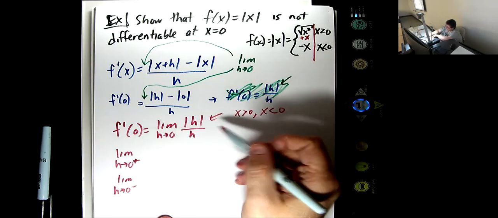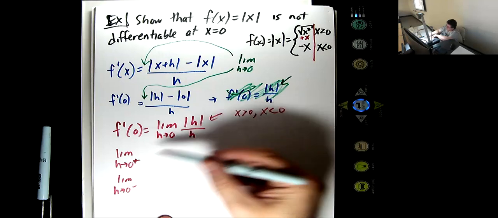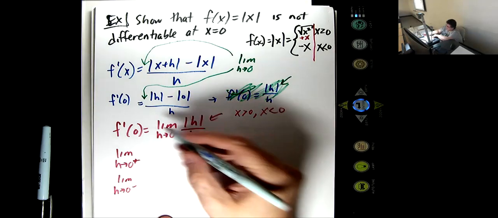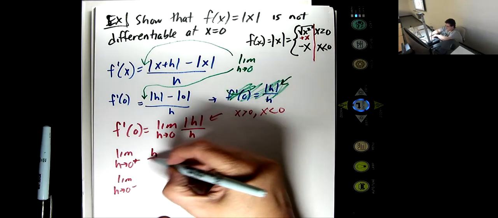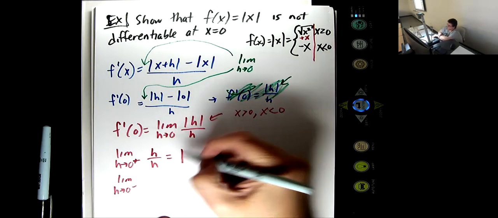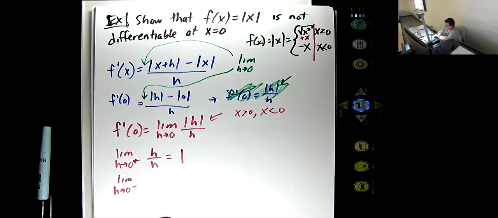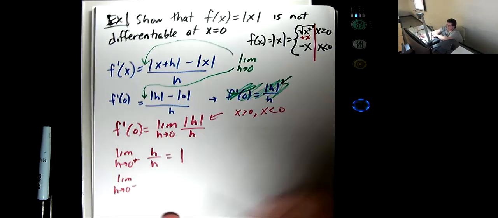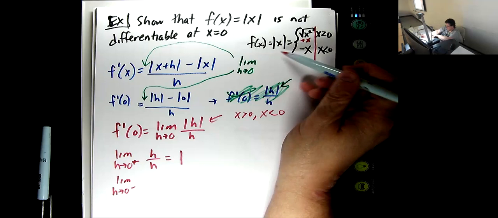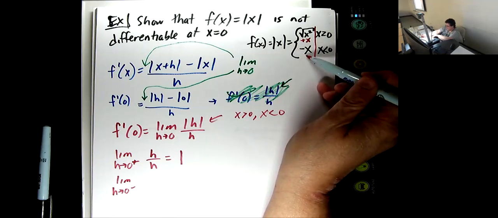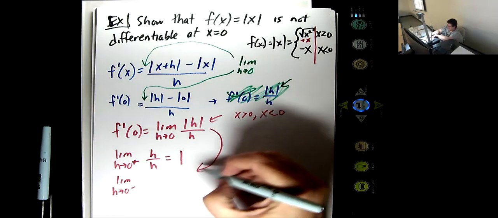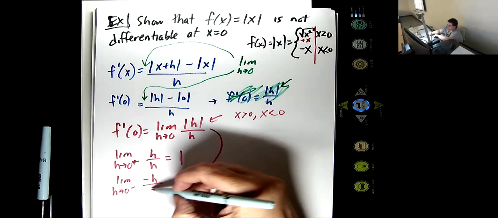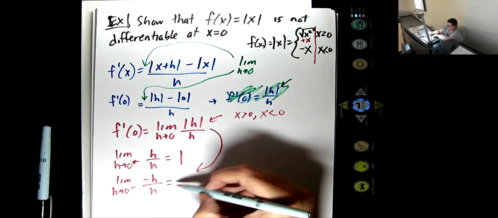For positive values of h, the absolute value is just h. So h over h equals 1. And when we approach from the negative side, the absolute value of h equals negative h. So the absolute value of h turns into negative h over h, and that cancels out to be negative 1.